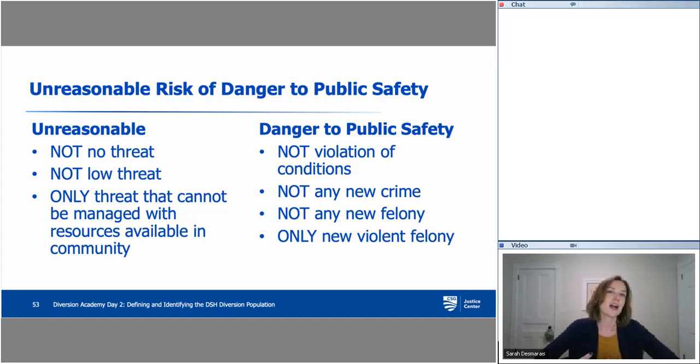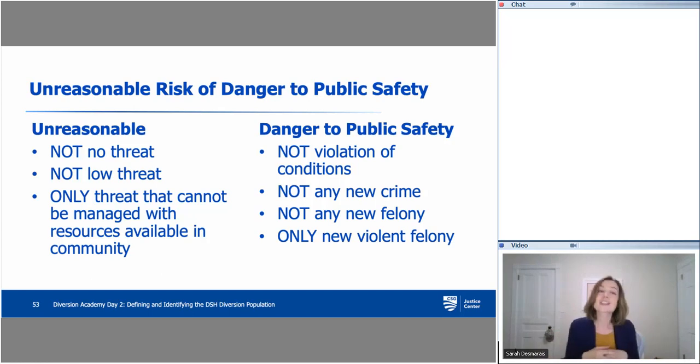It's not that they are at risk of any new crime. It could very well be, and honestly likely, that they're going to engage in new low-level crime. And it's also not that they're at risk of any new felony. It's that we're looking very specifically at an unreasonable threat that cannot be managed with the resources in your community for a new violent felony offense.